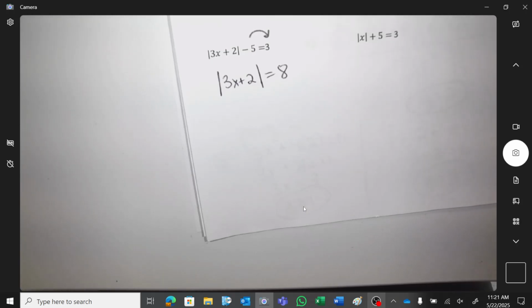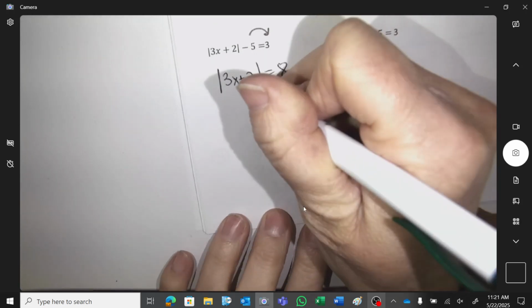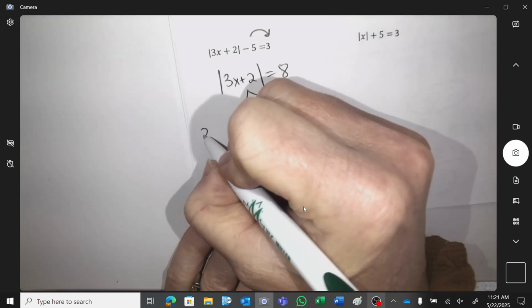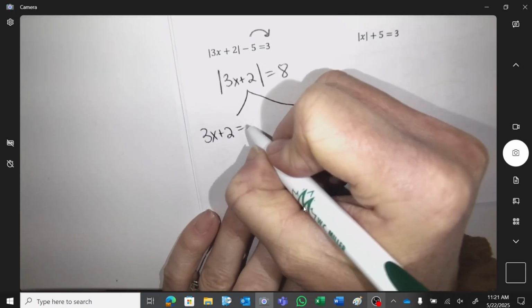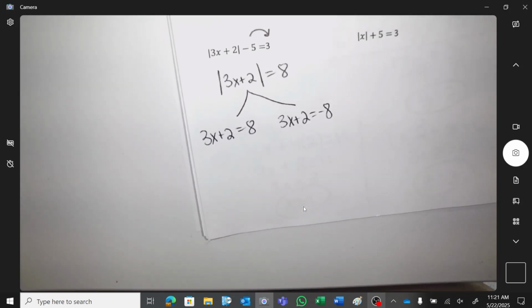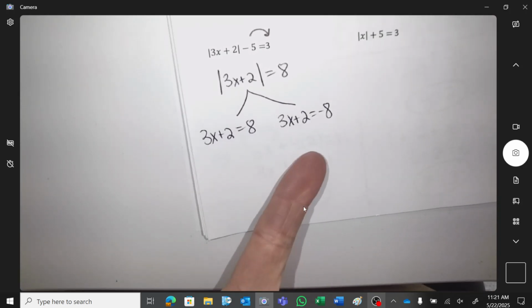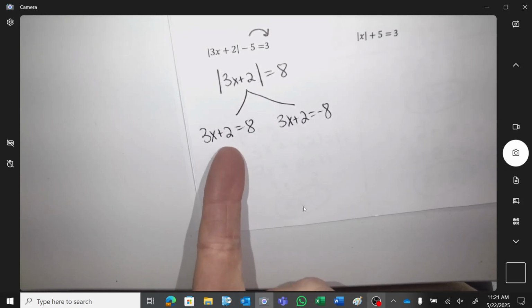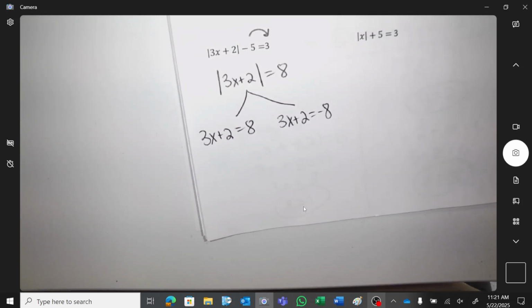So you have to remove that 5 part first, and then you can do the split scenario. So this bracket part could have been an 8 or a -8. Now do you see me not having brackets? Because at this spot I'm saying the inside part could have been 8 or -8. I'm going to deduct points if you don't understand where to keep the brackets on and where to drop them.